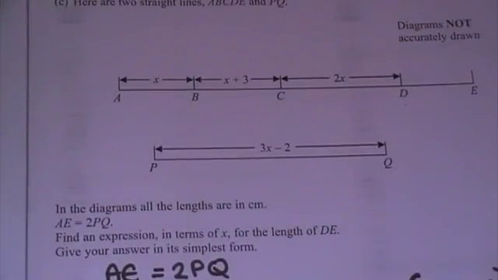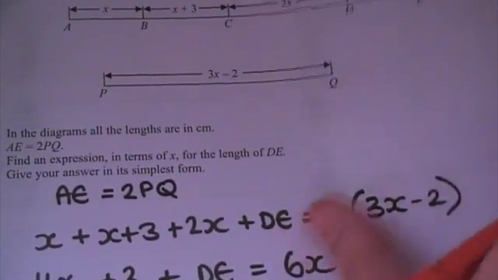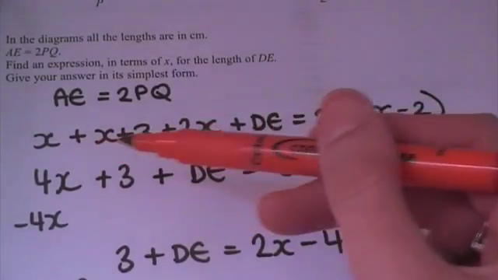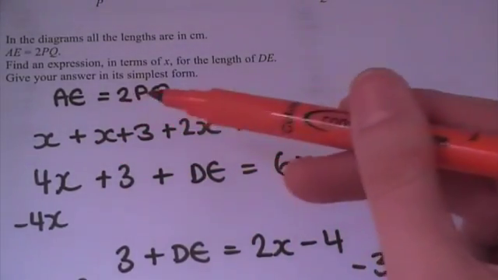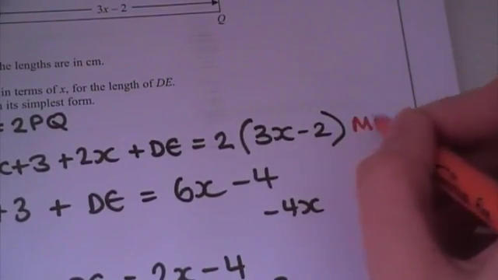So down here, question C is worth 4 marks. So your first mark is for correctly substituting in AE and 2PQ.